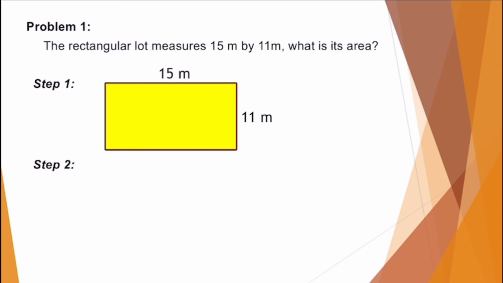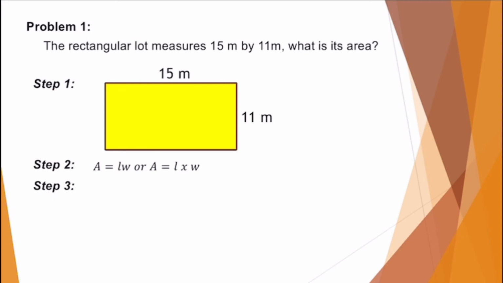For our step 2, we should keep in mind that the area of a rectangle is the product of its length and width. So in symbols, we can denote it as A = LW, or A = L times W, where L and W stand for the length and width.